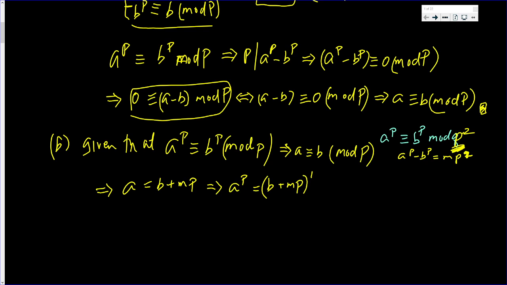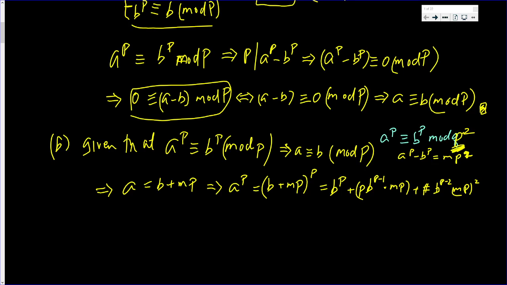It implies this statement. But from the binomial theorem, we're going to have b to the p plus p times b to the p minus 1 times mp, plus some binomial coefficient times b to the p minus 2 times mp squared.